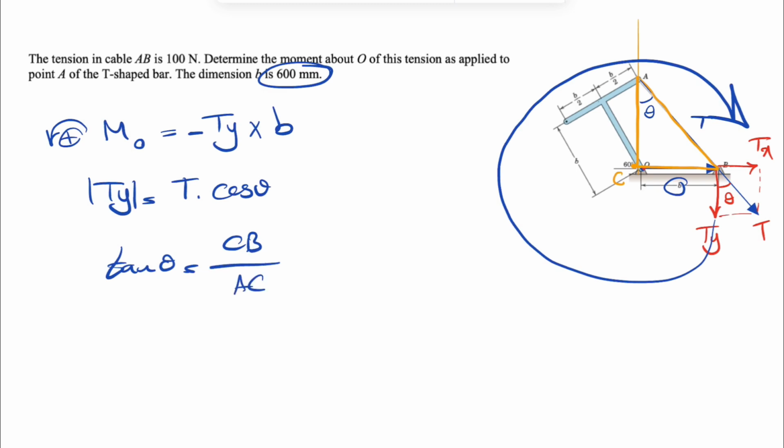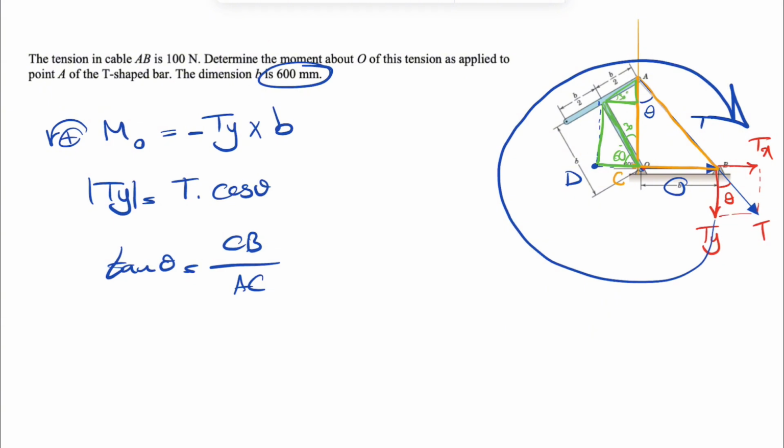Let's see how we can find BC first. For finding BC, if we continue what we have in here, a perpendicular line to this, we can call this one D, and we can find DB pretty easily. So we have this green right triangle in here. Also, if we look at another triangle in here, this angle here would be also 30 degrees.